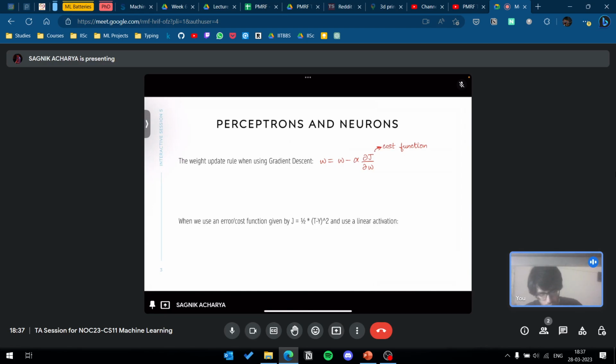Now the cost function which we usually use is given below. I'll come to that later. But let us consider a simple perceptron. So here I have my perceptron.